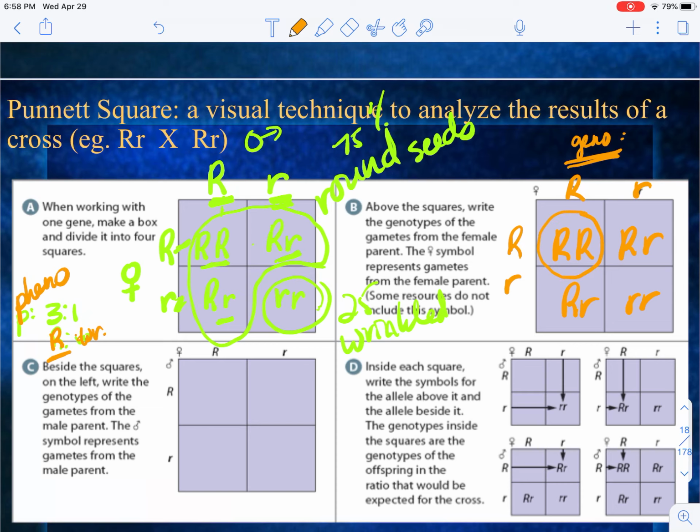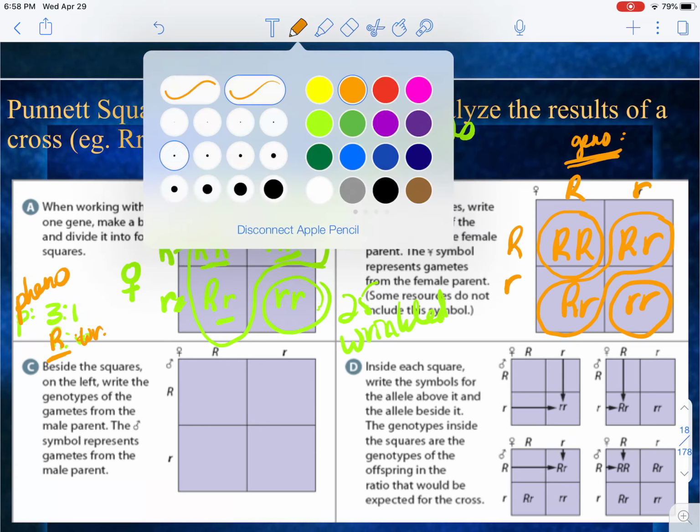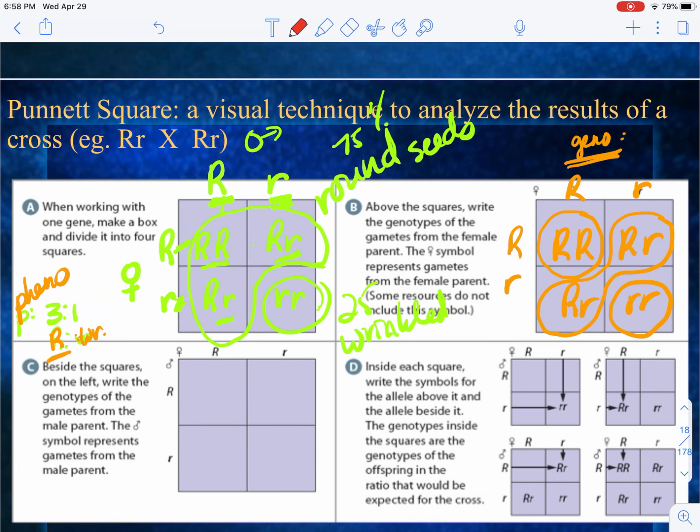But genotype means what gene combinations there are. And you can see that there's the gene combination of both of the genes being dominant. There's the gene combination of one dominant, one recessive, and the gene combination of both being recessive. So if you do have a question that asks what is the genotype or gene combination of the offspring, you have to say that the gene combination is a 1-2-1.